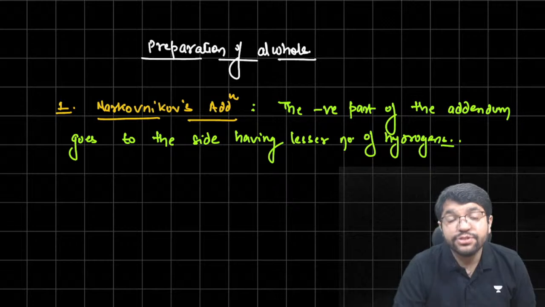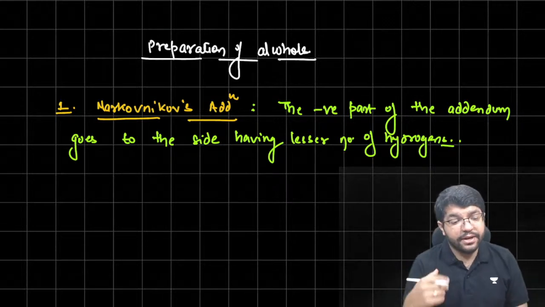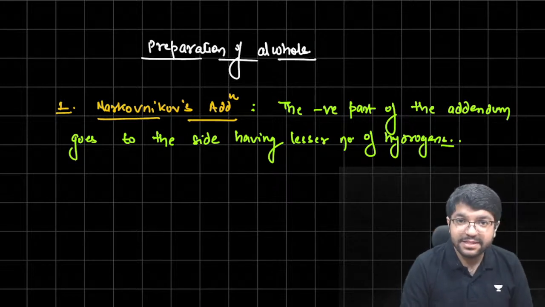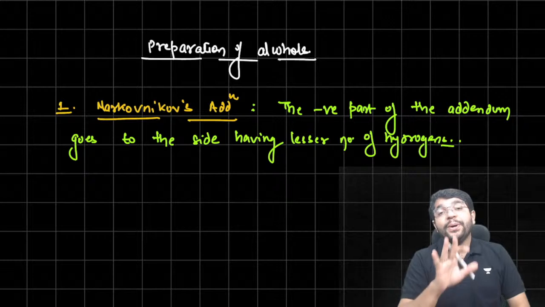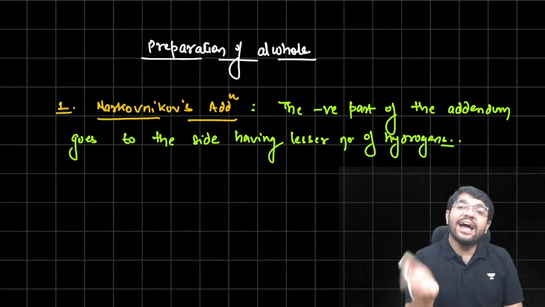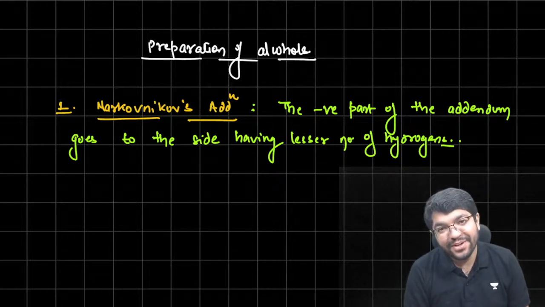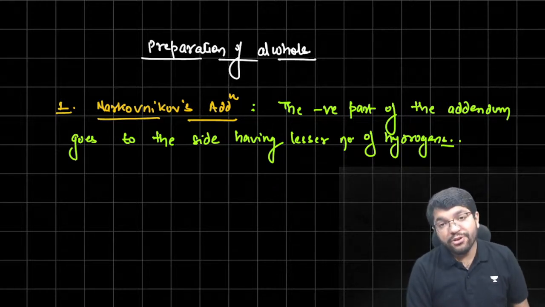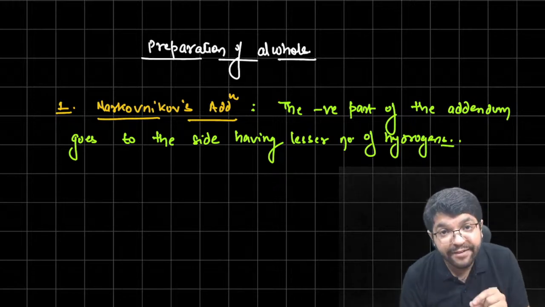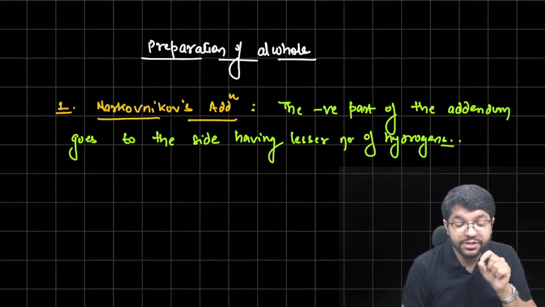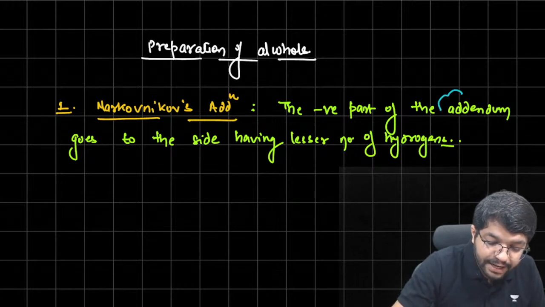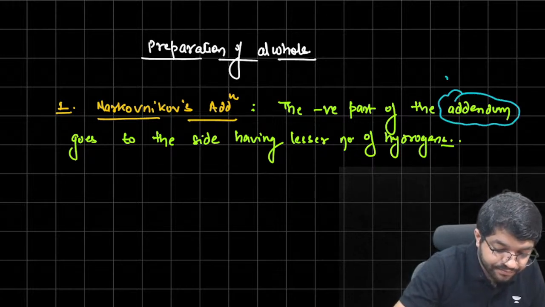In the next reaction, which is my HBO, hydroboration oxidation, Markovnikov happens and the same mechanism will follow. However, the end product appears as if anti-Markovnikov has been followed. But remember, Markovnikov said the negative part of the addendum goes to the side having lesser number of hydrogens. The addendum is the attacking species.